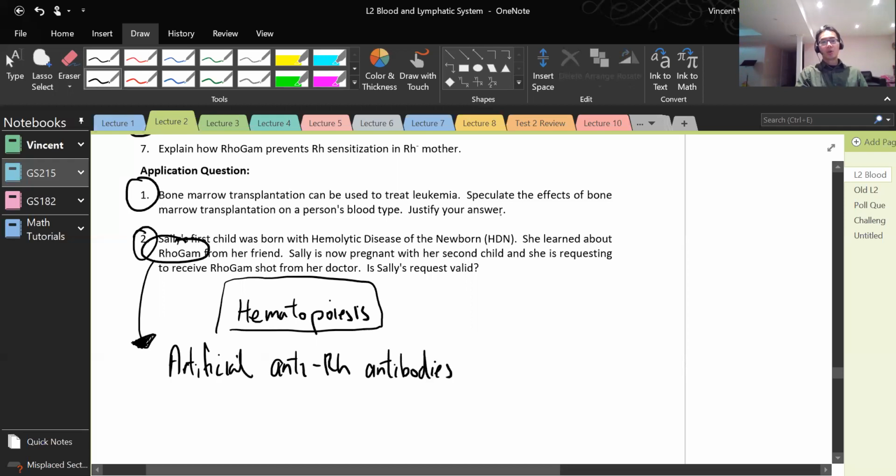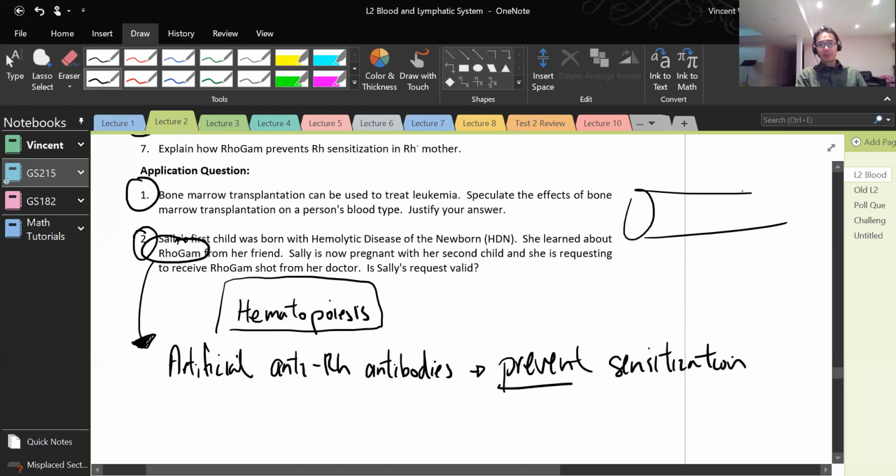So who do we normally give RhoGAM to? We give RhoGAM to an RH negative mother to prevent sensitization. Remember that mother's bloodstream. We're gonna put some RhoGAM in her. Let's just say they're red colored, RhoGAM antibodies.